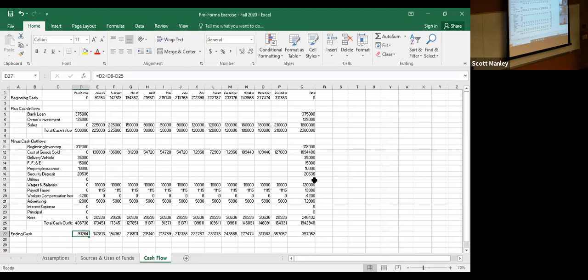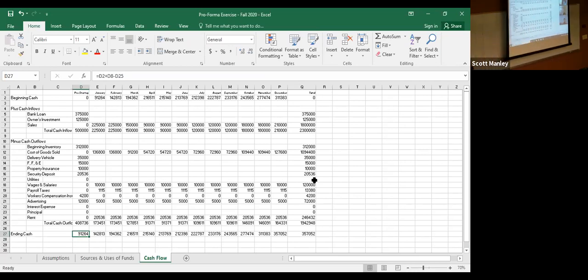I'll start with that amount and then I'll have my January cash in and my January cash out, and that'll give me my January ending cash, right? Beginning cash plus cash in minus cash out equals ending cash. Ending cash for January is always going to be the beginning cash for February. That's going to happen every single month, okay?